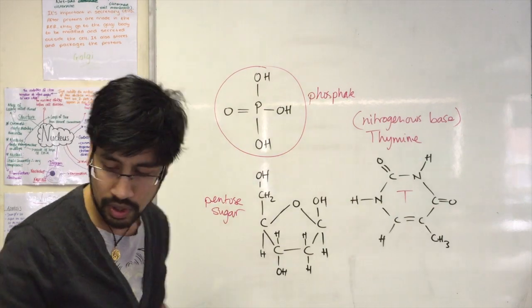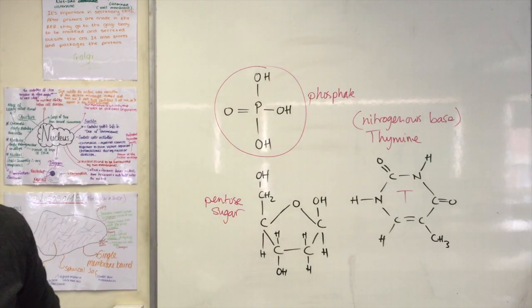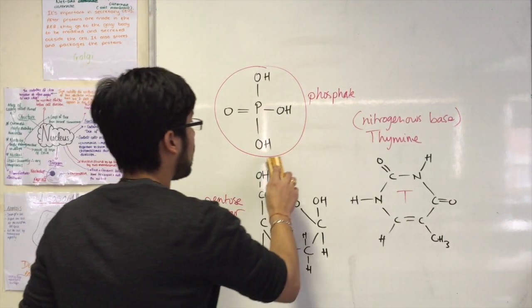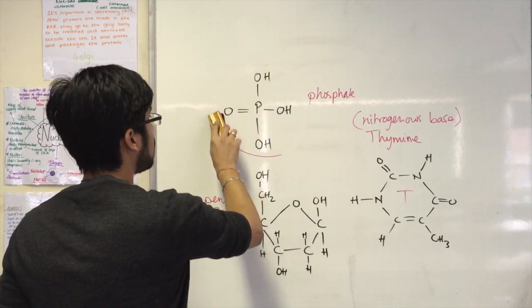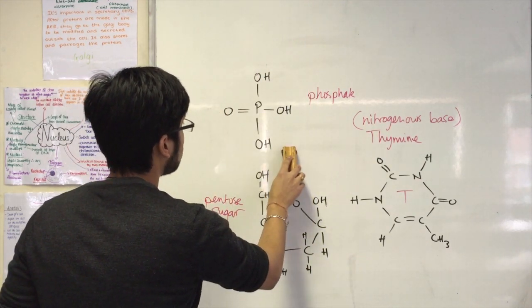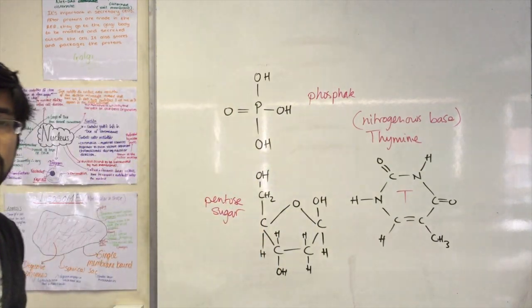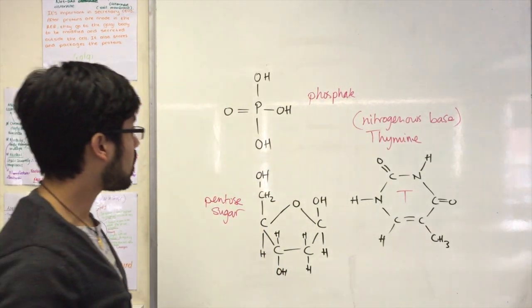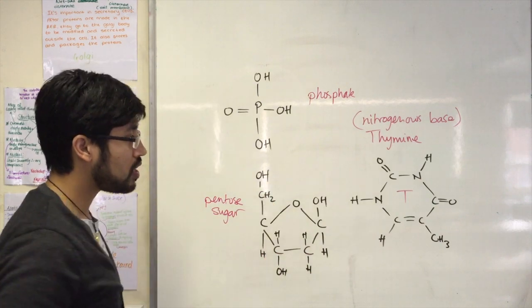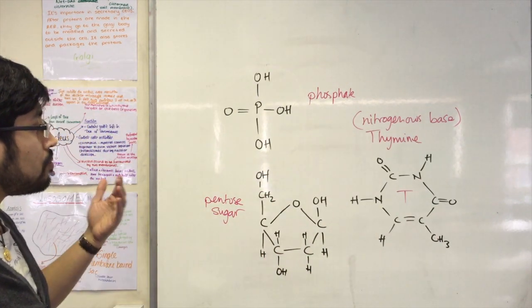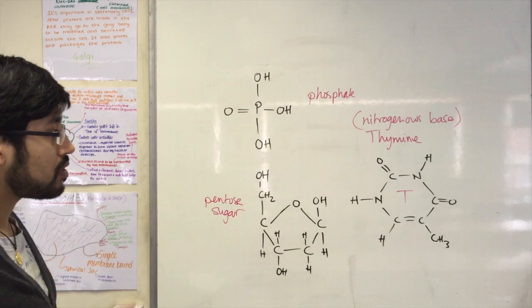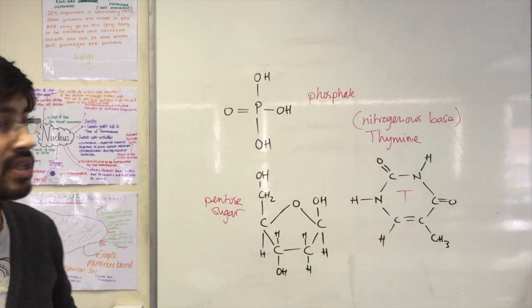Okay, so how do these come together to form the nucleotide? Luckily, it's nothing new here. It's our old friend, the condensation reaction. Just looking at this diagram, you'll be able to see how it's going to be connected through condensation reaction.